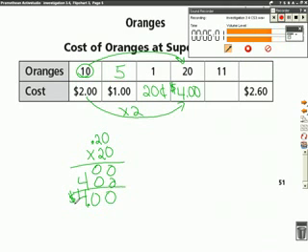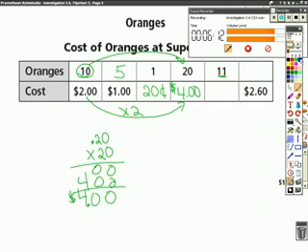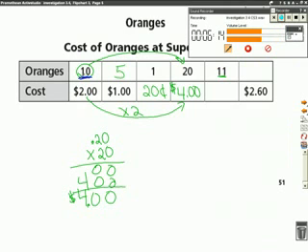And I still would have gotten the same answer of $4. All right, so what do I do for 11? Okay, again, I could use what we learned before. I could take the 10 and add 1. That will give me 11 oranges. So it should be $2.20.